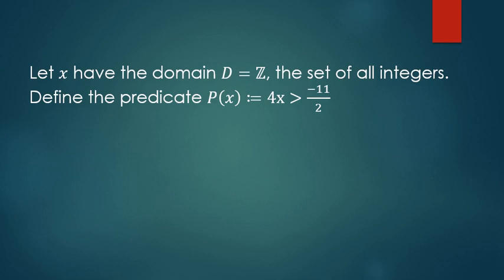In the previous video, we got an introduction into predicates, and then we talked about quantifiers and the three main types of quantifiers that we will see. Those are the universal quantifier, the existential quantifier, and then the unique existential quantifier.